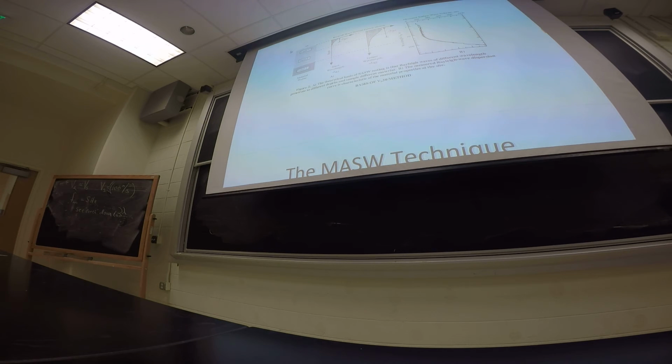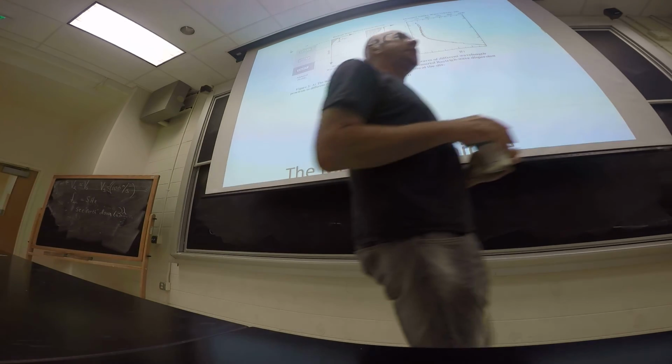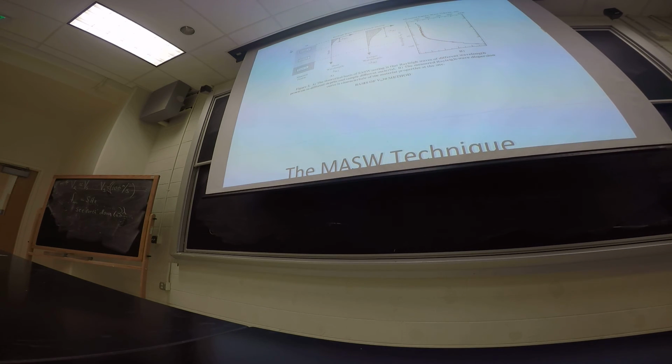The other way you could do it is to run a bunch of forward models and figure out from those forward models what's the best match of the model data to the measured data. So again, we're simply doing inversion either by iterative forward modeling or some kind of computer technique to generate the model from the data.